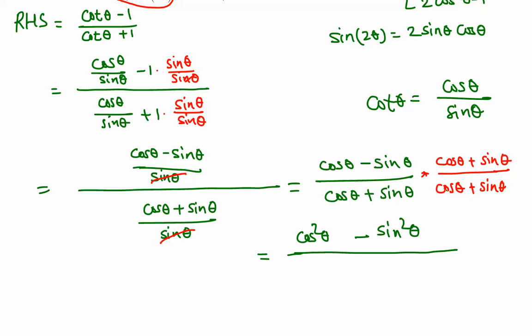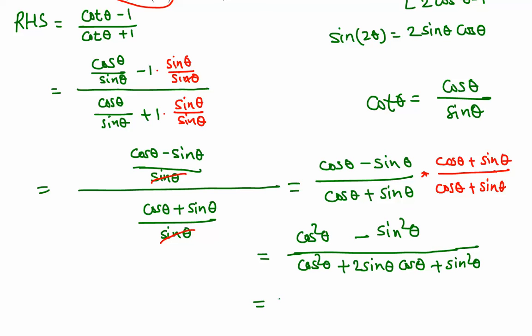Let's multiply cosine times cosine, cosine squared theta, cosine times sine, cosine, another sine cosine, so 2 sine cosine, and sine times sine, plus sine squared theta.